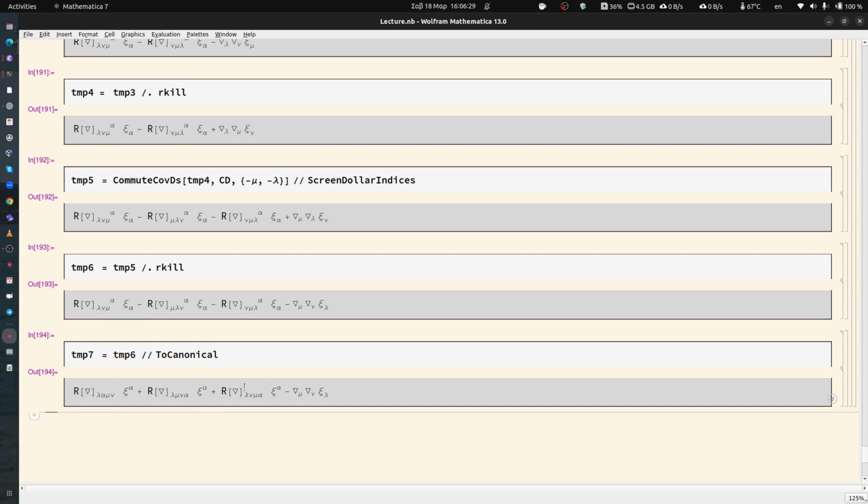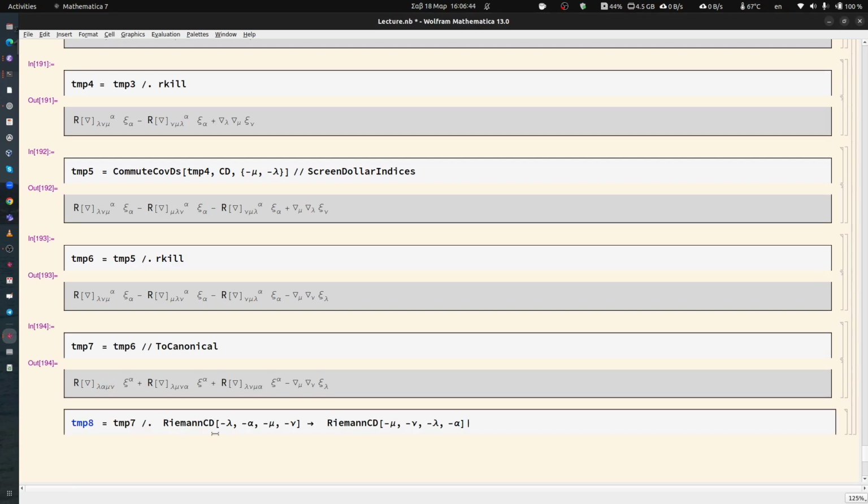So I have those three Riemann tensor terms. And now I will use an ordinary substitution in Mathematica and I will replace R lambda alpha mu nu by R mu nu lambda alpha.